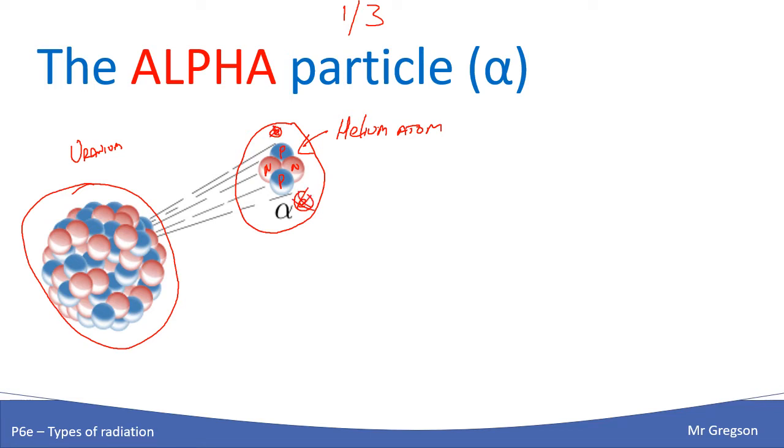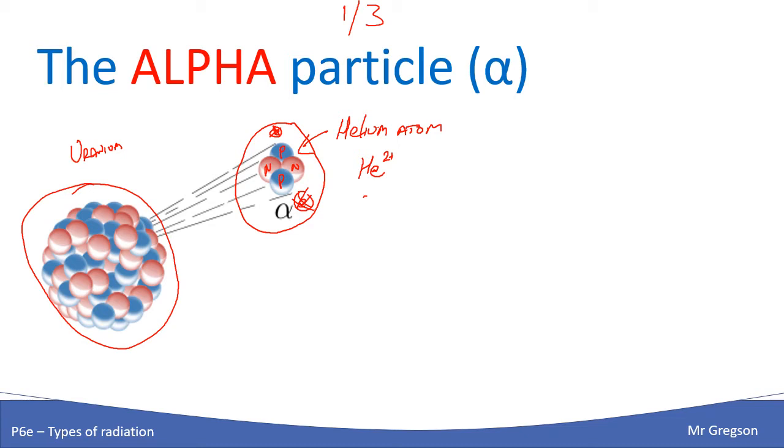There are no electrons in the nucleus. So we'd actually write this as He2+, because it has a positive 2 charge. In fact, it's so positively charged, it's incredibly dangerous, because it'll strip electrons off anything else it comes in contact with. In the classroom I'll be doing a demo shortly, which I'll film and try to attach on Show My Homework, but you'll see how dangerous alpha particles are.